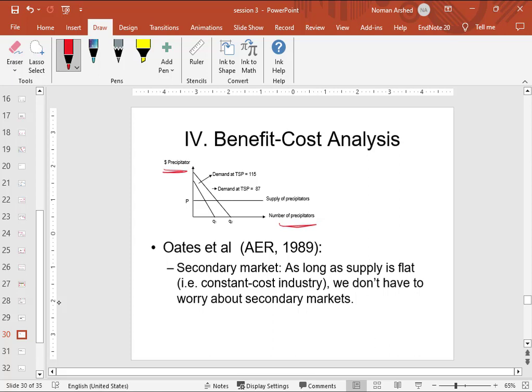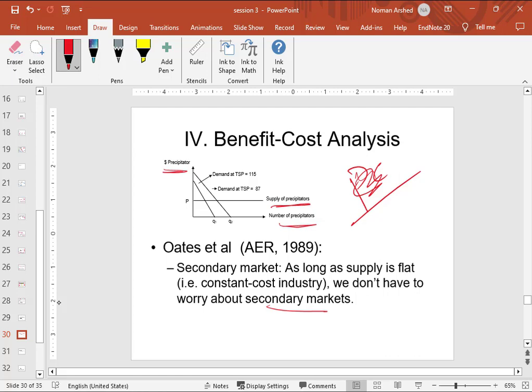Until the supply curve is horizontal, it means perfect competition. A perfectly competitive supply curve is horizontal, meaning the seller can produce the product at any price, so there will be no issues in the secondary market, because the seller will not be able to change the price because of spillover effects.